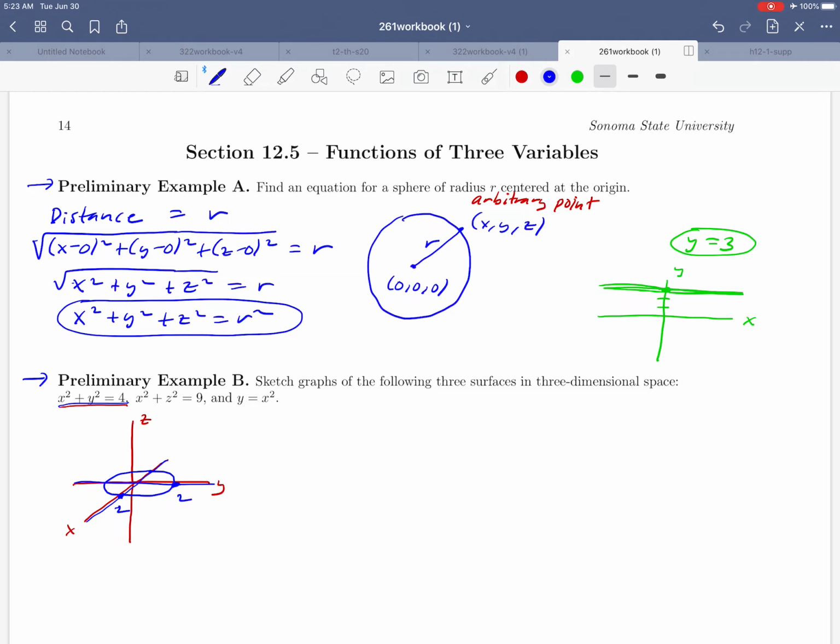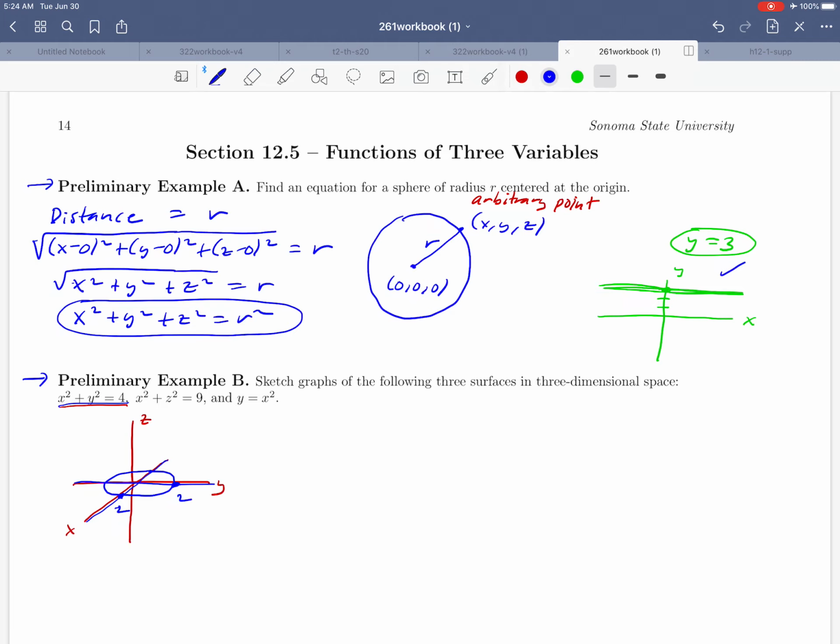Okay, but then the z variable is missing. So kind of using the same idea that we did up here in 2 dimensions, we have to think about the z this way. Z can be anything because it's missing from our equation. So imagine taking that circle and extending it up and down in the z direction. That's what we mean by saying z can be anything.